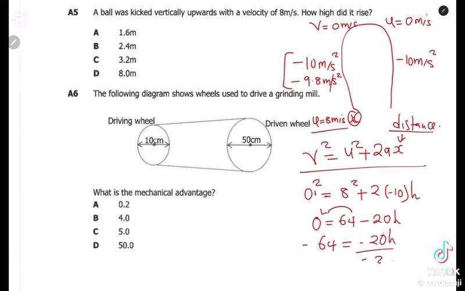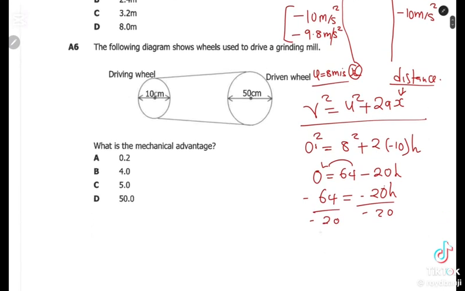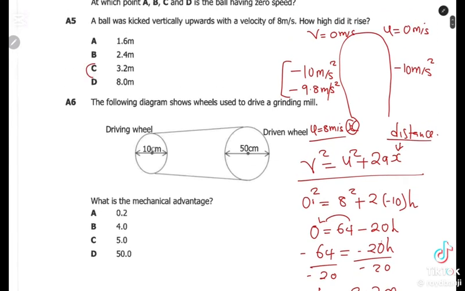We divide both sides by negative 20, and therefore h, the height, is 64 divided by 20, which should give us 3.2. In this case it is in meters. So this is the answer that we are looking for, and therefore the answer is C.